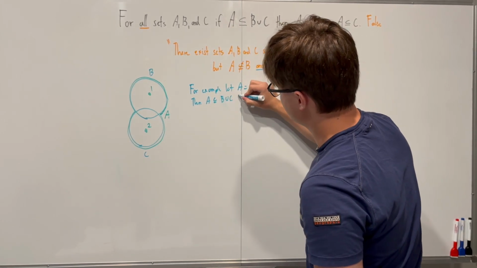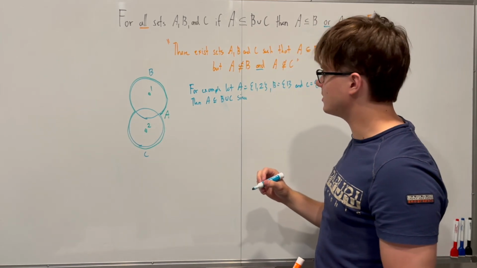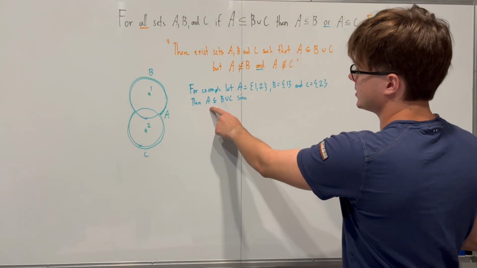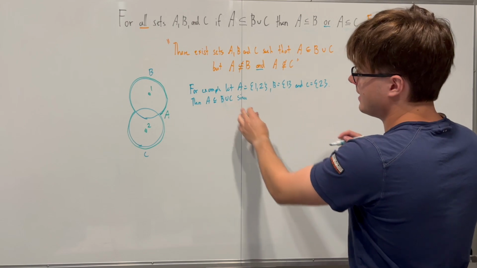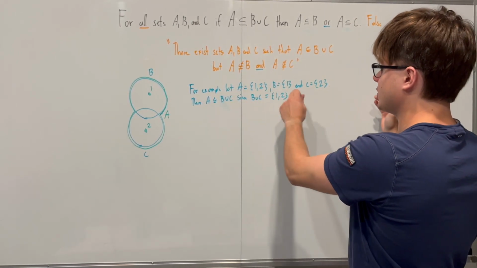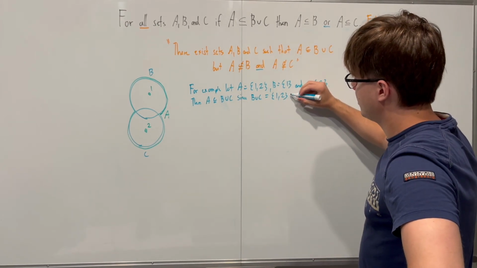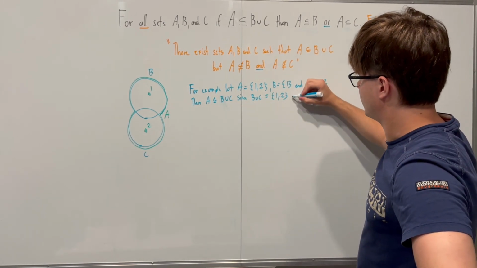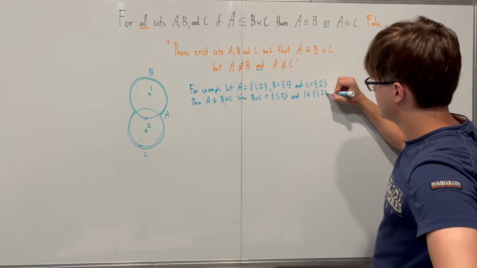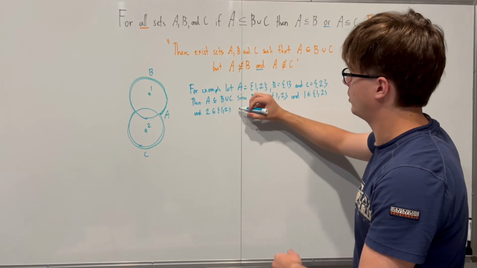Okay. Now we can say, then A is a subset of B union C, since, can we say B union C is equal to this? Let me just verify that really quickly. Okay, so I just checked, and yes, you can say that B union C is equal to the set containing 1 and 2, since it's going to be all the elements in B and all the elements in C. And then we can say, so this is true since that's true, and 1 is an element of 1 and 2, and 2 is an element of the set containing 1 and 2.